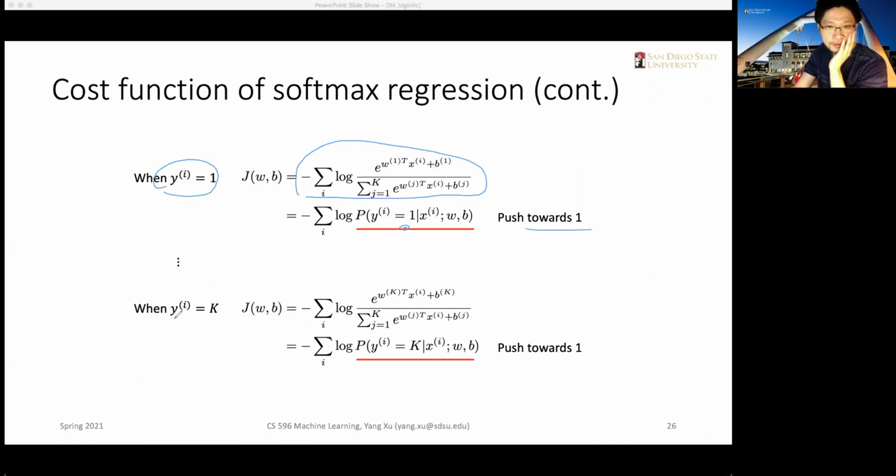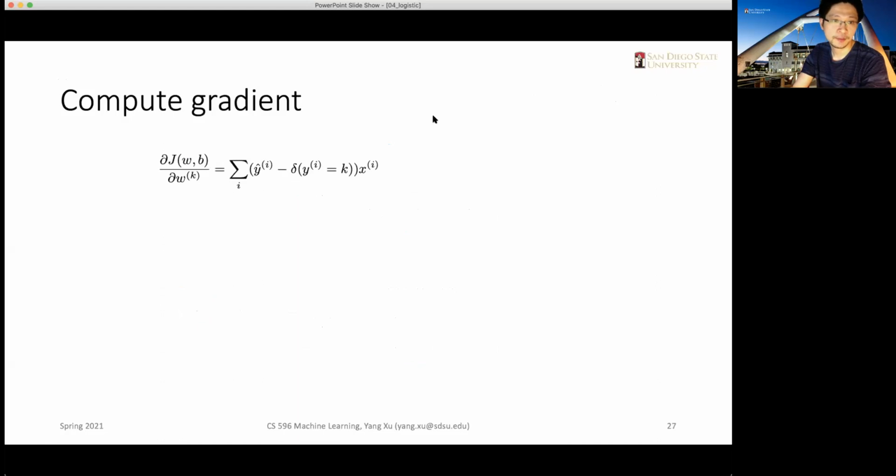And when y equals k, all the other items are gone, there's only y equals k left, and this probability is pushed towards 1. So the reason behind this cost function is similar to the logistic regression model.